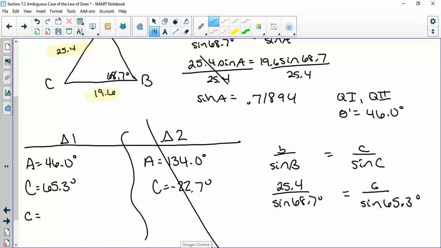So if you multiply that over, you get 24.8 inches. So just one triangle works.